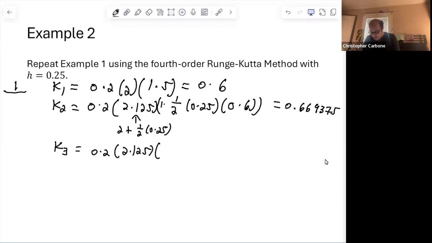This was 1.5 plus this 1/2 times 0.25 times 0.6. This next one here would be 1.5 plus 1/2 times 0.25 again, but now this would be multiplied by k sub 2, so 0.669375.